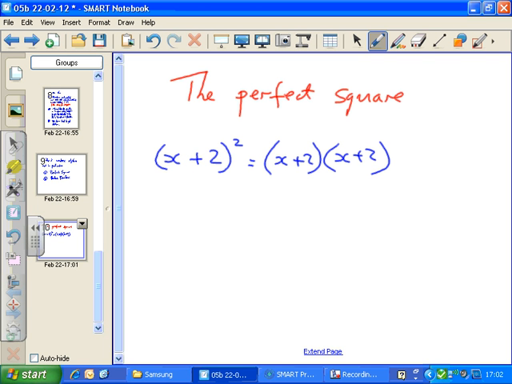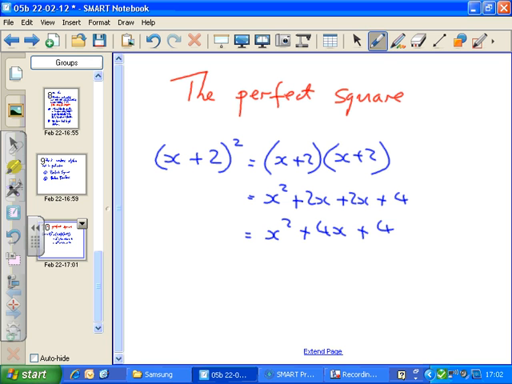Now, multiplying out brackets, I have to multiply every term in this one by every term in that one. So I would get, let David carry on. Right. Can I simplify that? Yeah. 4x. Yep.